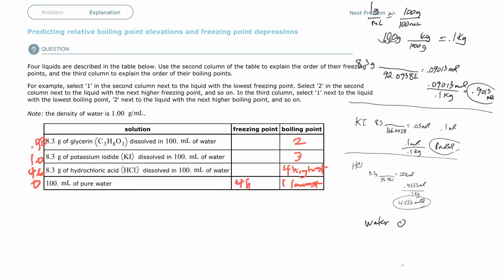So this would be highest, and then it gets colder and colder as it gets away. The next highest would be here, and then the lowest would be the one with the most dissolved stuff. So that's 1, and this would be the lowest. Okay, I hope it helps.